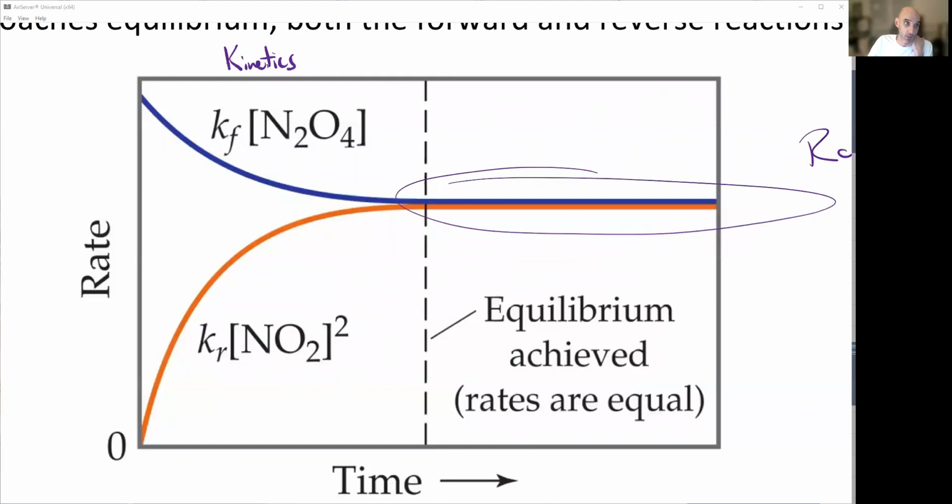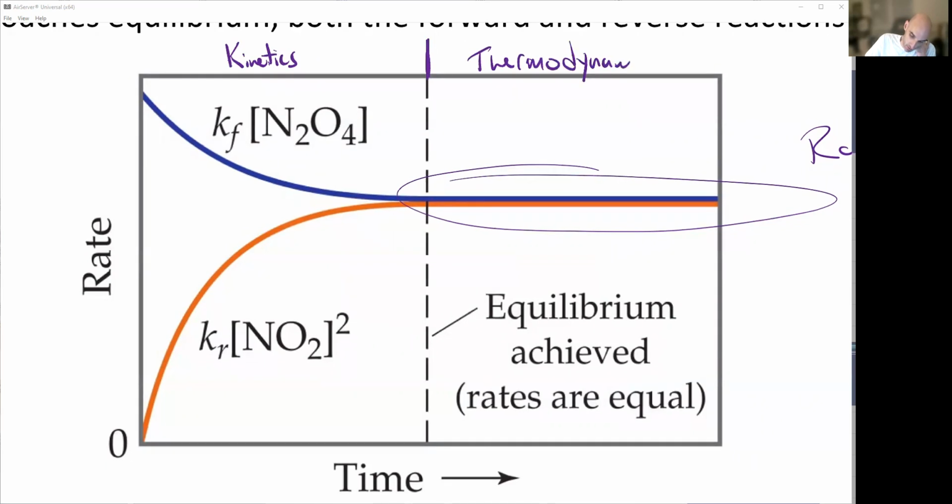Once they even out and you have essentially no change in the reaction anymore, once equilibrium is achieved, we now say we have thermodynamic control. Thermodynamics takes hold. So it's kinetics until we reach equilibrium, and at that point it's thermodynamics. Kinetics and thermodynamics are linked through the rate constant, which we're going to look at in just a second.